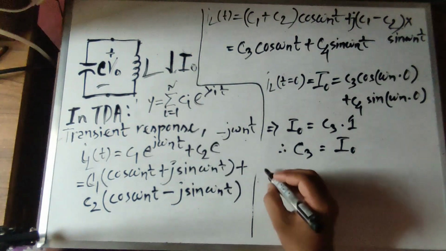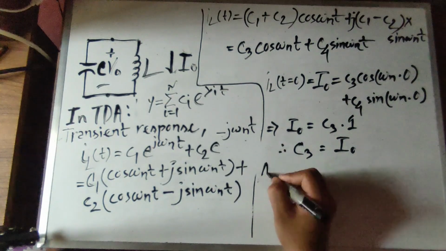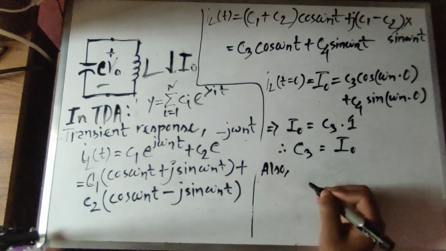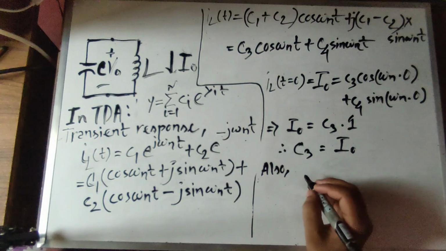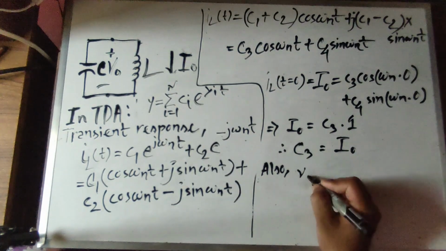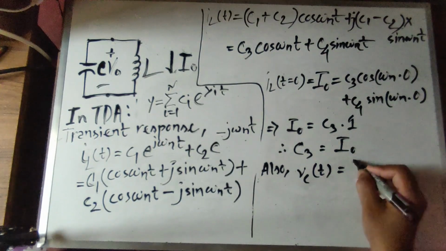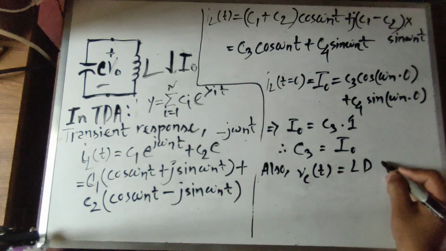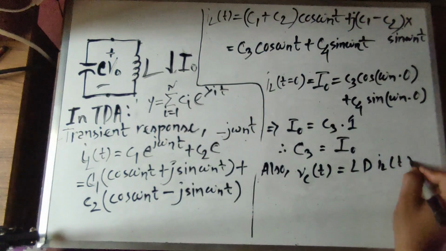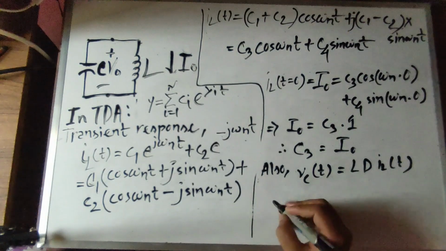Now we also know VC t equals L d IL t. So what will this give?